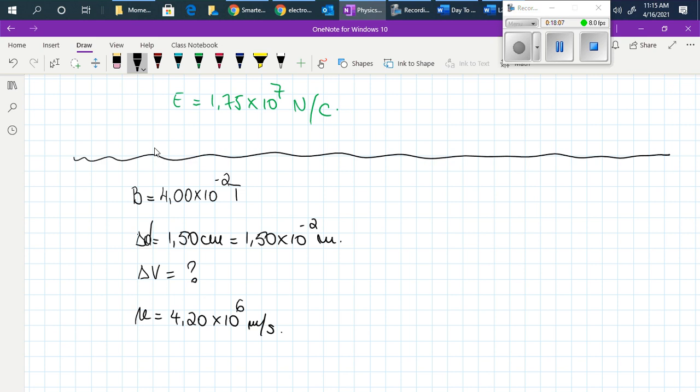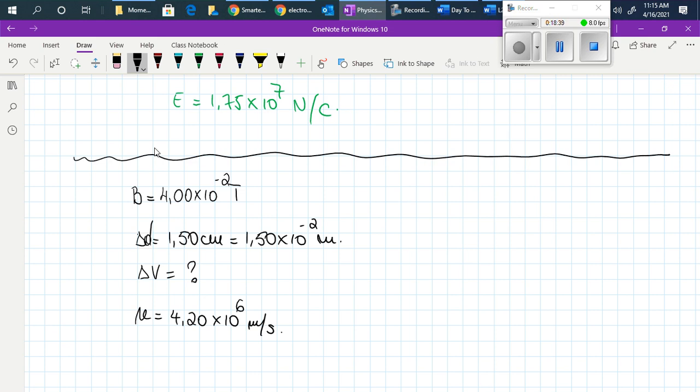Okay, so we have a magnetic field, and then we have an electric field that is produced by the presence of the two parallel plates that are apart 1.50 times 10 to the power of -2 meters, and the charge is moving with 4.20 times 10 to the power of 6. Okay, so when we have two parallel plates, the electric field strength is a uniform one, and we have dealt with it.